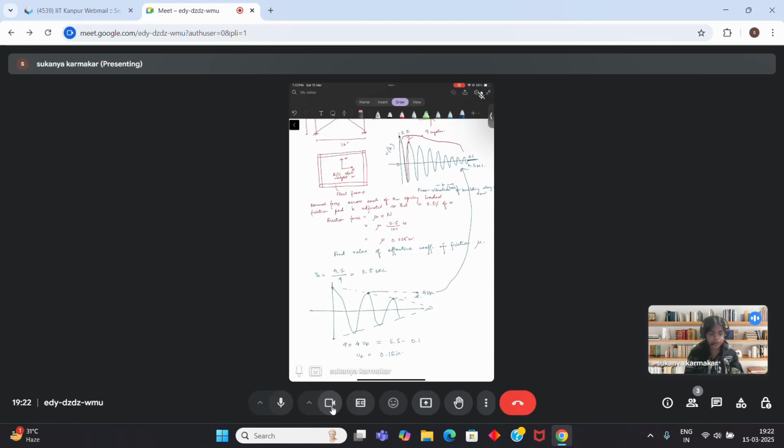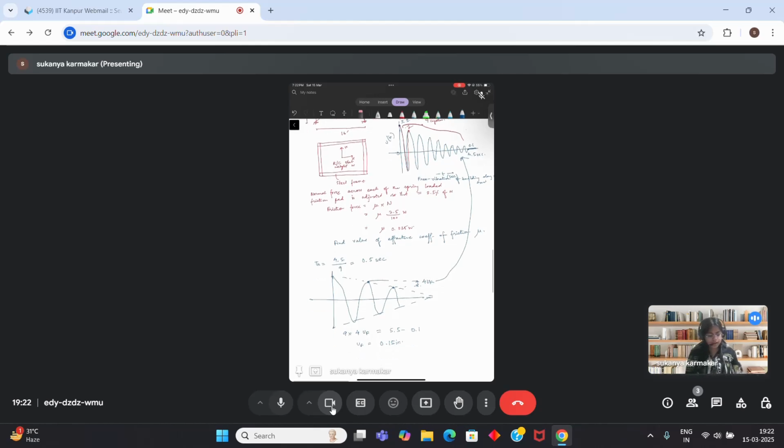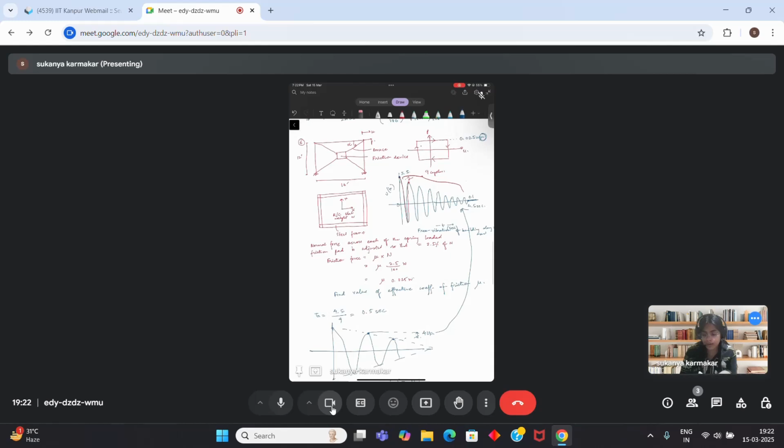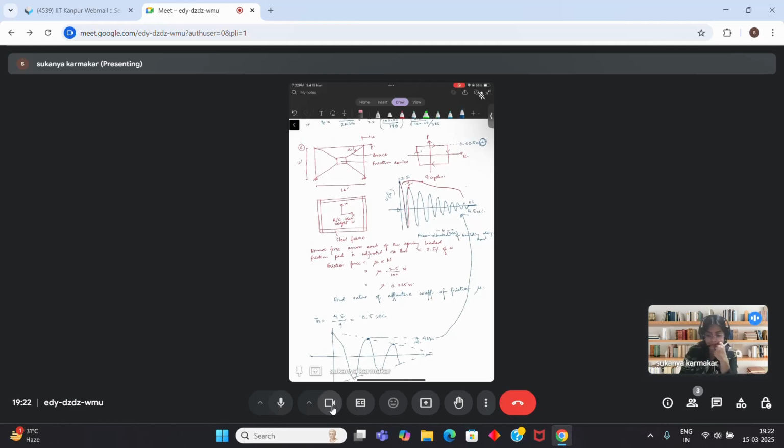Any doubt? Yes, clear. Then any idea how we will calculate this value of mu? This is the friction force in this friction device. What will be the friction force along each brace?